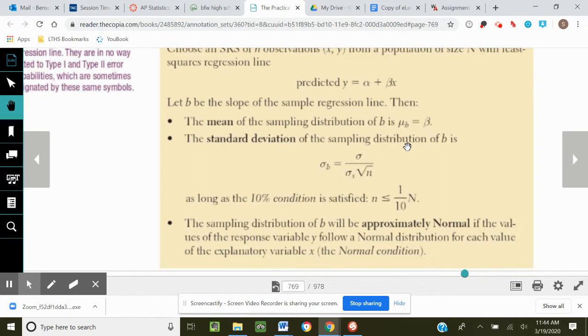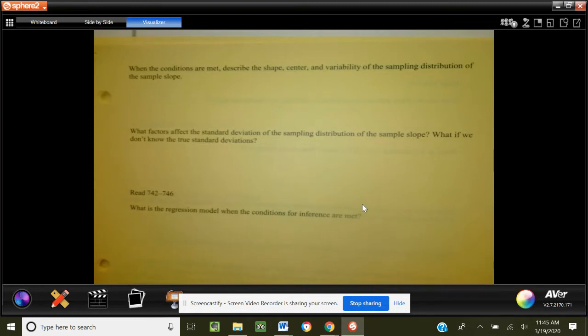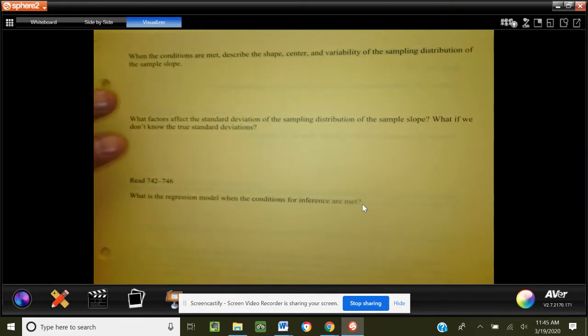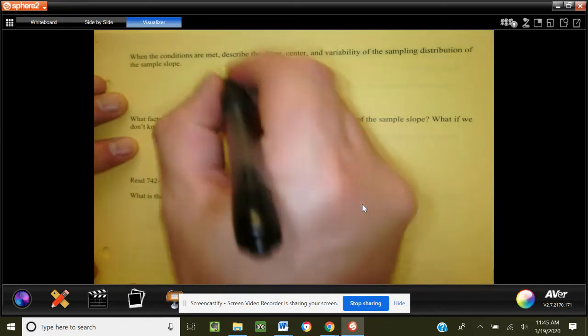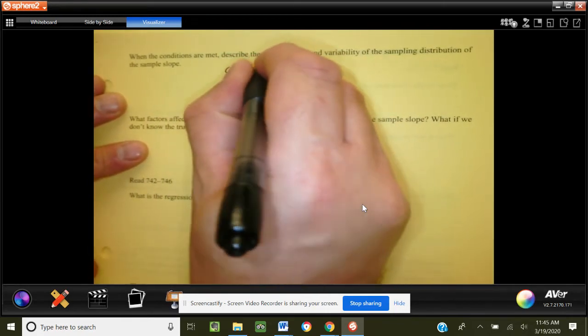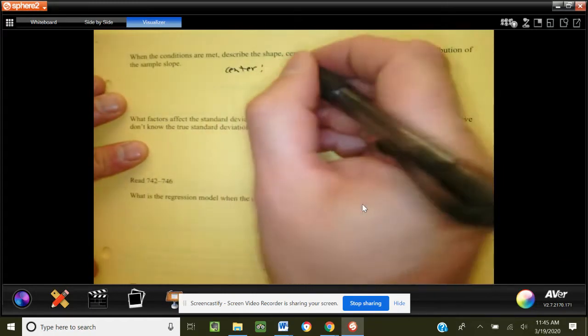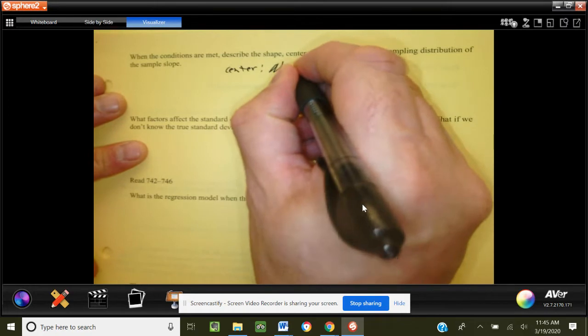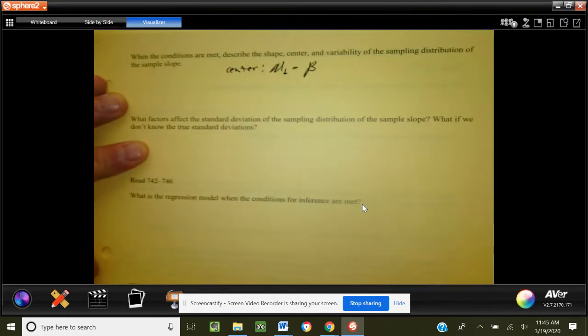All right, so if we jump back to the notes real quick, it's a little dark, but can't help that too much. This is basically what you saw in the textbook. For the center, the mean of the sample slope is equal to the true slope, beta.